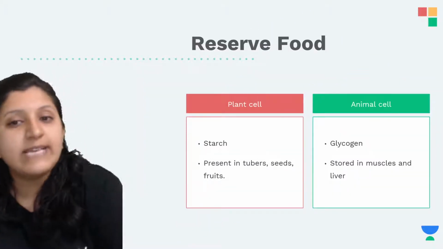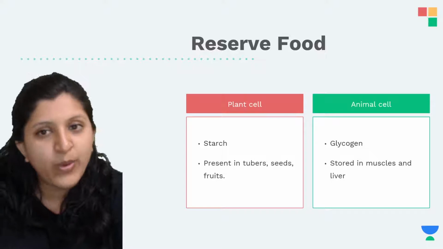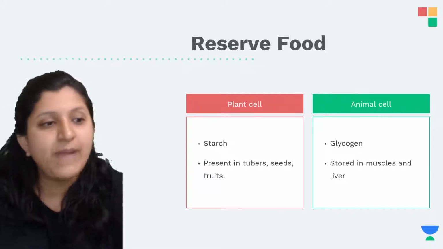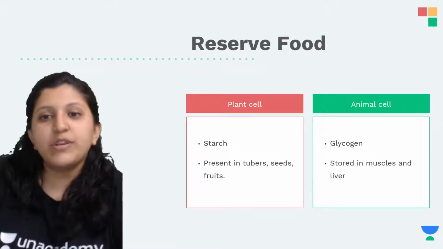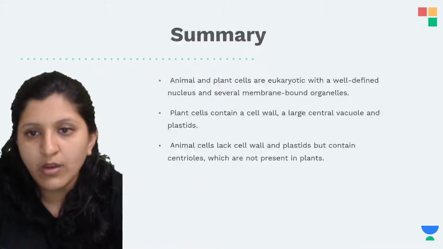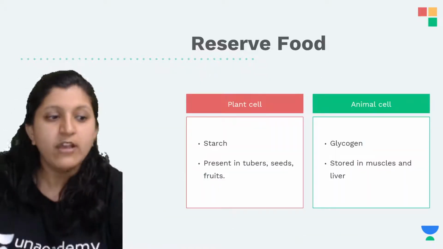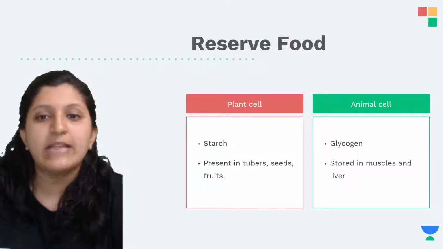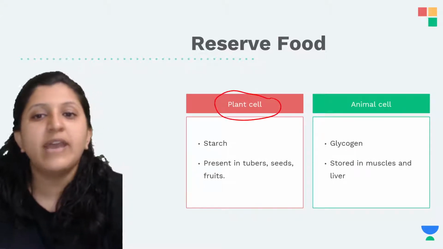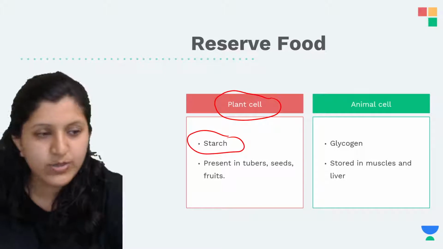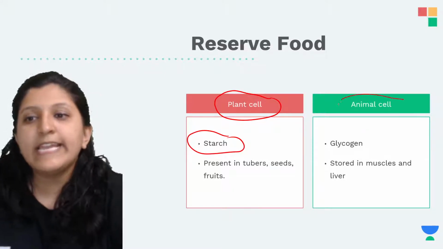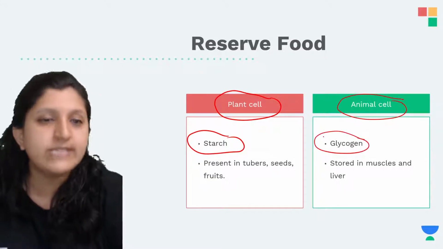Now what exactly is the reserve food that we can see in a plant and an animal cell? When we mention a plant cell, you can find starch. In case of animal, the stored food is glycogen.